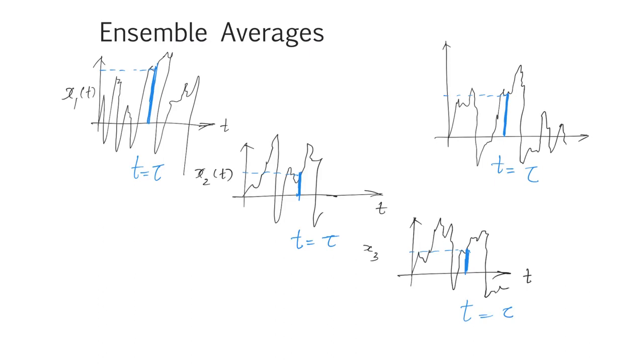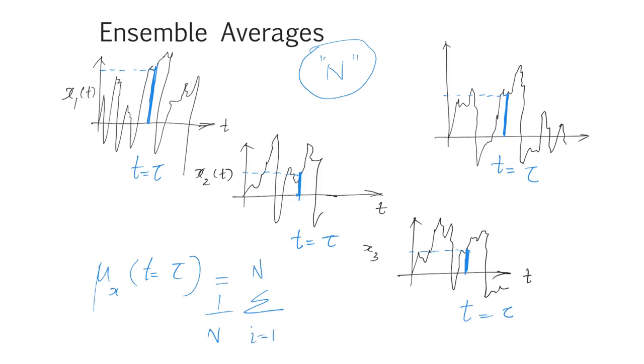First, let me define it mathematically. Mu is a symbol we usually use for averages. I'm defining it at a time t equal to, let's say, tau. Then the mean is defined as 1 by capital N, let's say I have N sample functions, each sample function being an individual time history, where the summation goes from 1 to capital N. You are summing the individual values at t equal to tau.